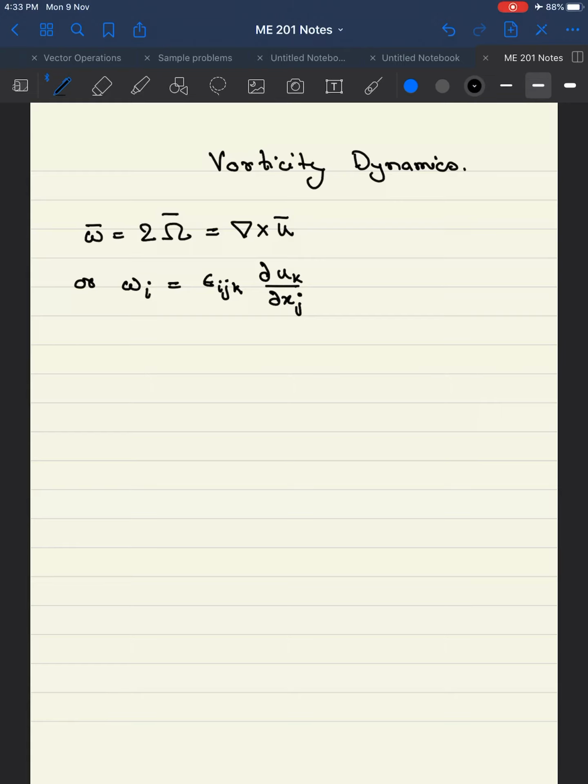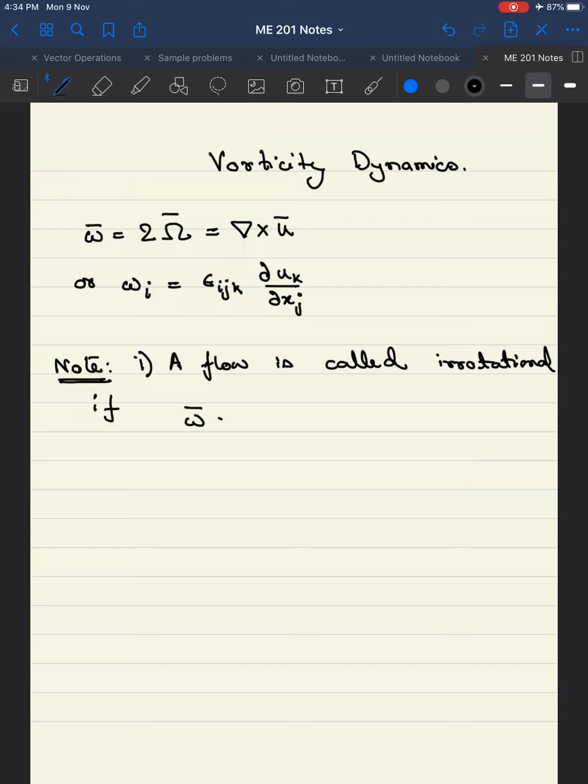And here the important thing is a flow is called irrotational if omega, which is again the same as this cross product, is equal to the 0 vector, and this is 0 everywhere.